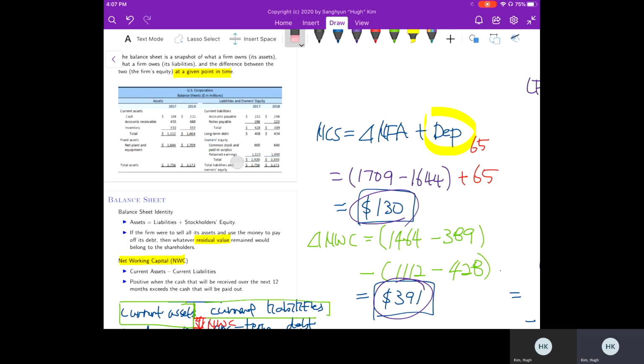The alternative approach is useful if we don't have detailed information about total equity, and only know the total equity number. So change in total equity is change in retained earnings plus net new equity raised. So net new equity raised is change in total equity minus change in retained earnings.